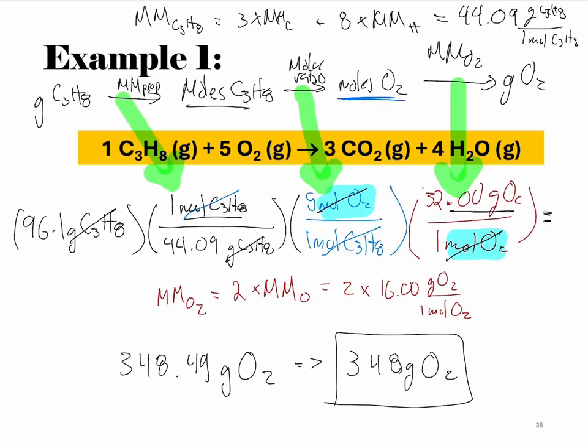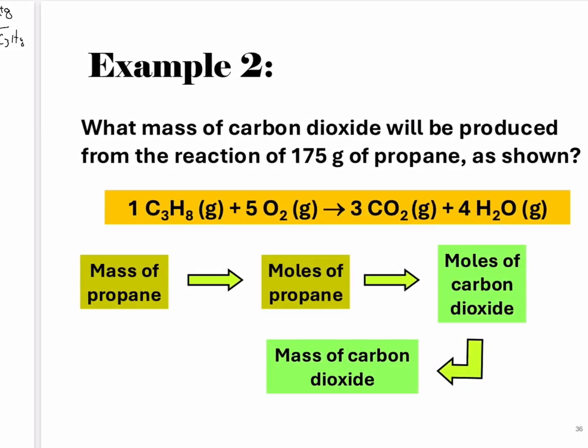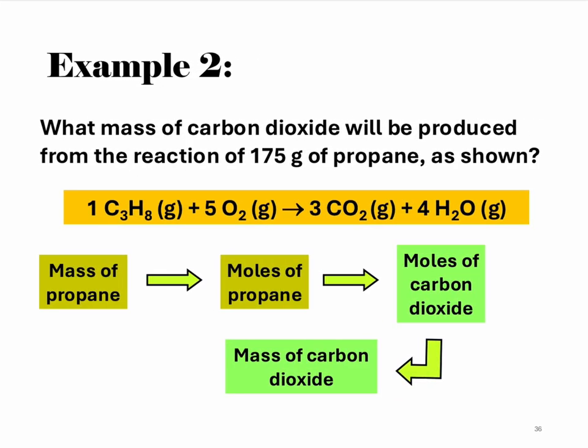All right, so this problem already has the flow chart, right? So the flow chart is kind of the hardest part, but it already has the flow chart there. So see if you can then use the same chemical reaction to find out how much carbon dioxide will be produced, right? Before we were looking at mass of one reactant to mass of another reactant. Here we're looking at mass of one reactant to what?